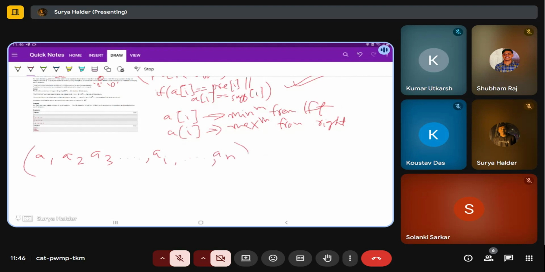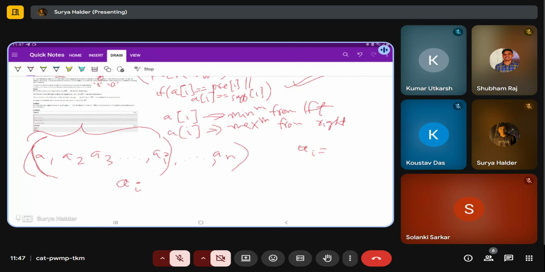Suppose a of I is the minimum element from the left, means in this subarray the minimum element is a of I. So I will be choosing this subarray and replacing it with the minimum element a of I.